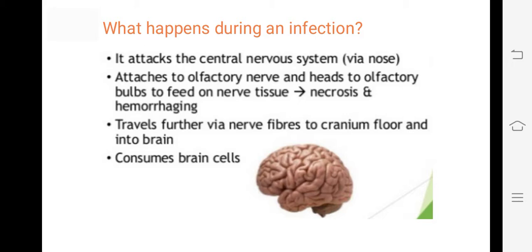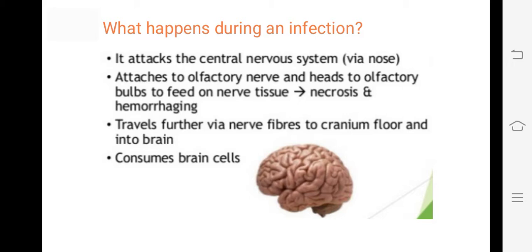From there, N. fowleri invades the olfactory nerves and migrates to the brain, where it causes a dangerous condition called primary amoebic meningoencephalitis, or PAM. It attacks the central nervous system via the nose, as I have said. So it doesn't affect your oral route.